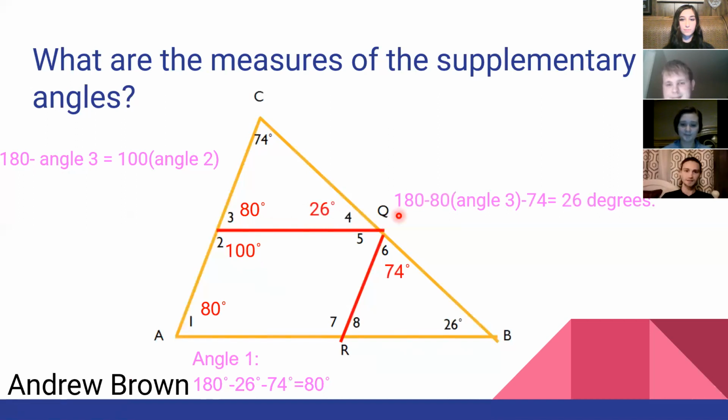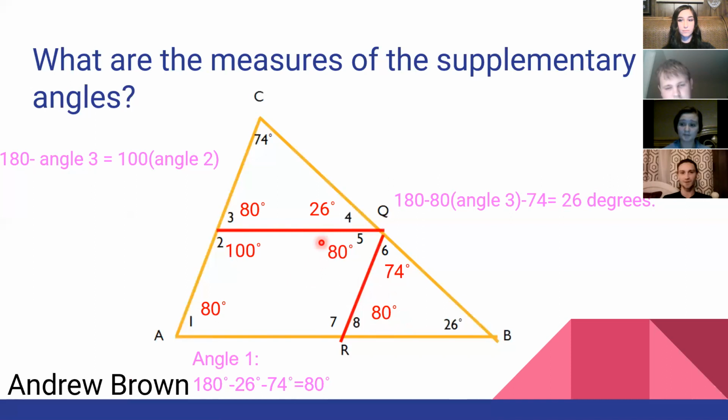And next, we can figure out that right here, we get 80 degrees at point 5, because you can either add these two up right here and subtract them from 180, or you can just subtract 26 and 74 from 180 separately, and we would still get this right here. And to figure out the rest, angle 6, we have 74 degrees. Angle 8, we have 80.